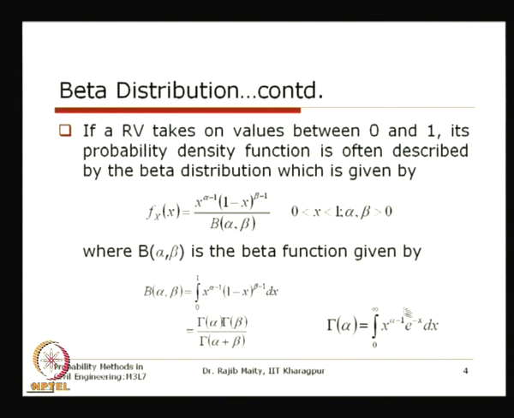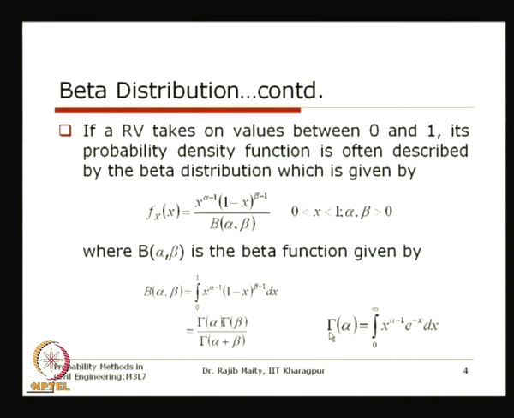This gamma function will also be used when we discuss the gamma distribution, and there are some very specific properties that we can utilize. For the time being, we have shown that alpha is greater than 0. For some specific values, the gamma function is known.